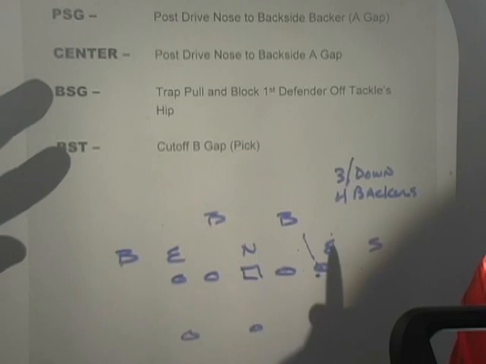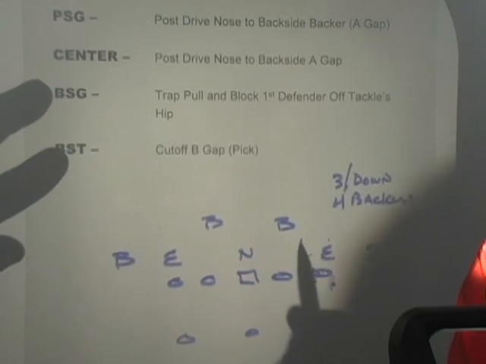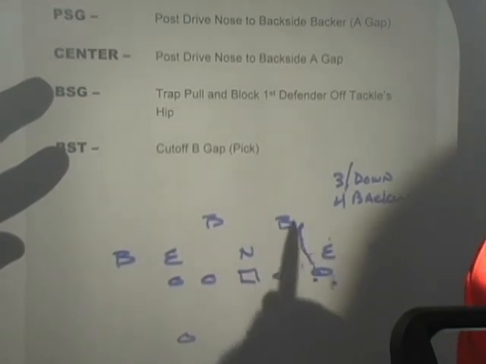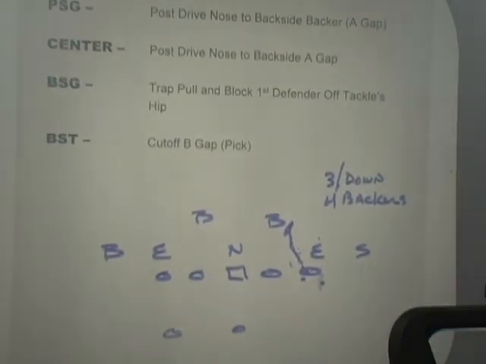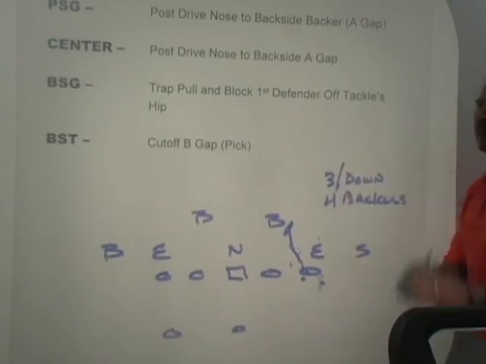Of course, if for some reason the end was to come hard underneath, he'd have to collect him. But if he climbs free, then what he wants to do is fit the linebacker. We tell him fit the linebacker on the play side half and try to pin the linebacker.